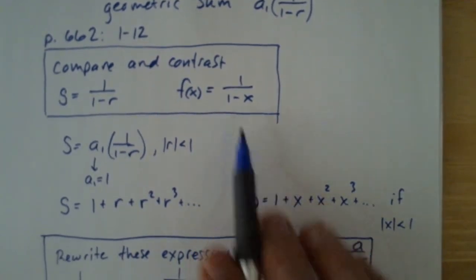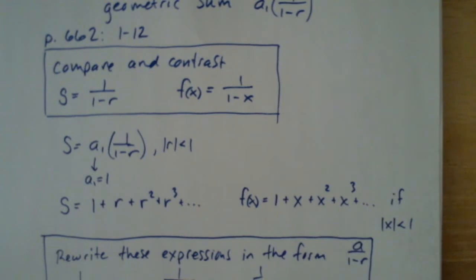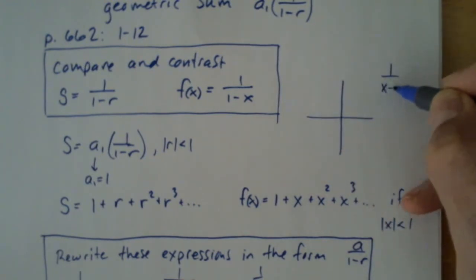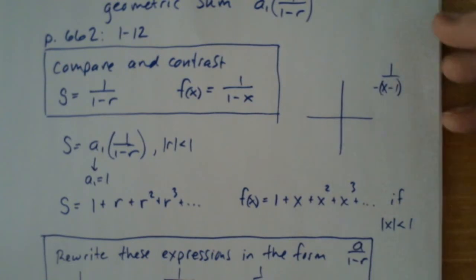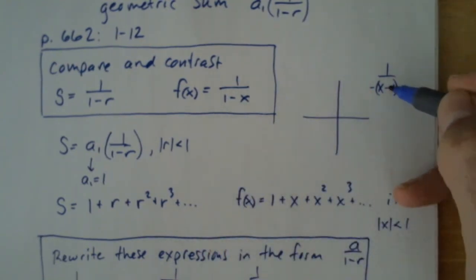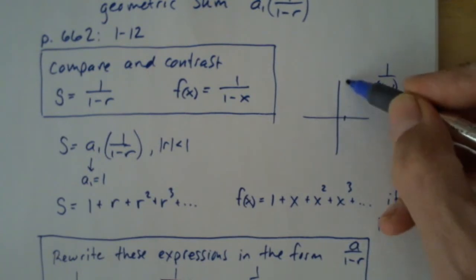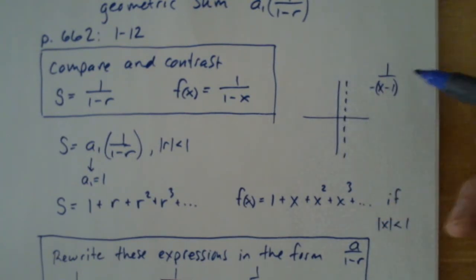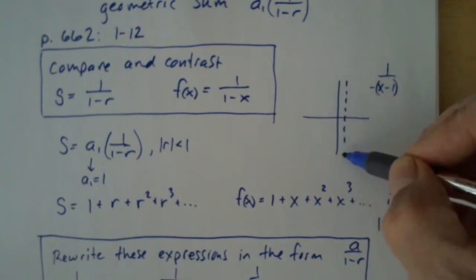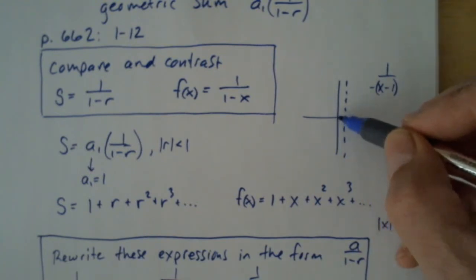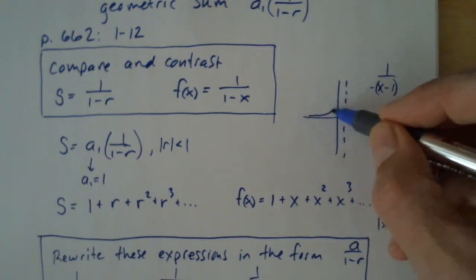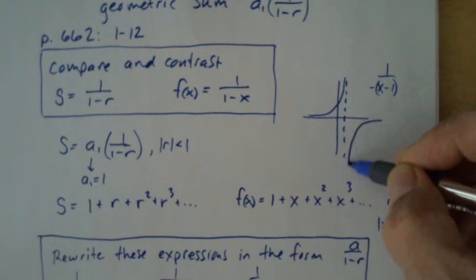So we know this graph, let's see, if we just switch the order there, we have a vertical asymptote at 1, and instead of being on the top, it's going to be on the bottom. The y-intercept is 1, so the graph will go like this.